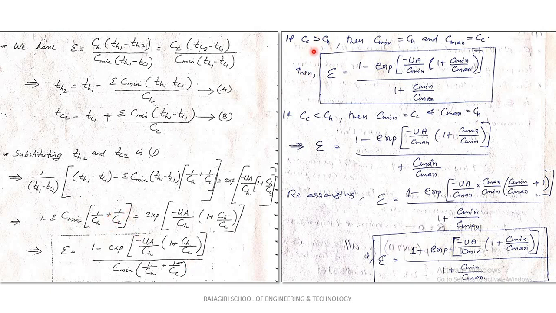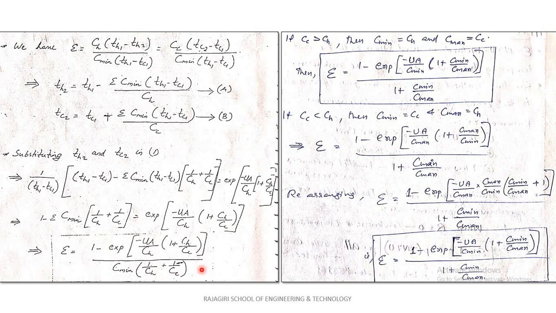Now consider CC is greater than CH. That means CH is C minimum and CC is C max. Now you will get the effectiveness equation like this: 1 minus exponential of minus UA by C minimum (1 plus C minimum by C max).